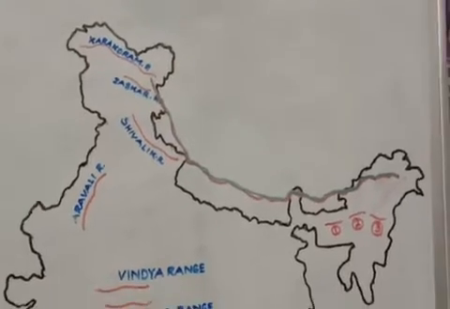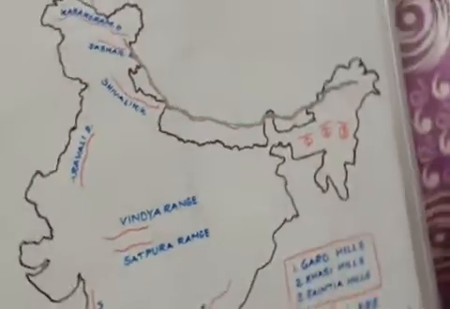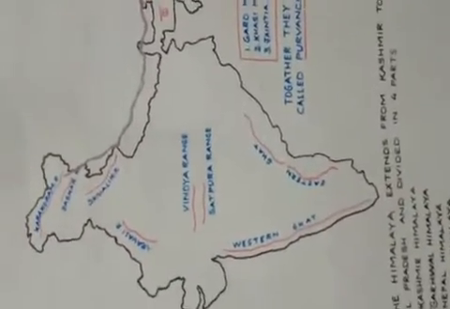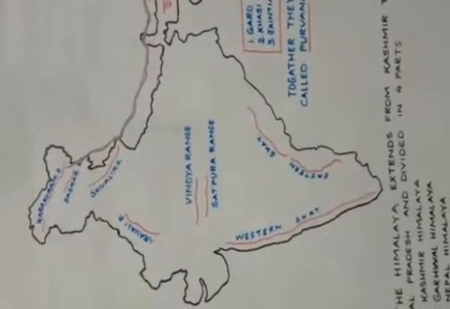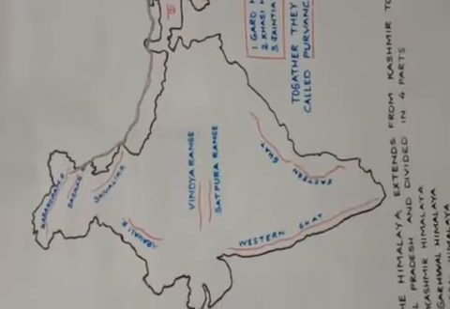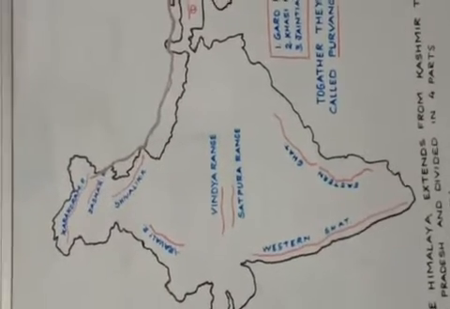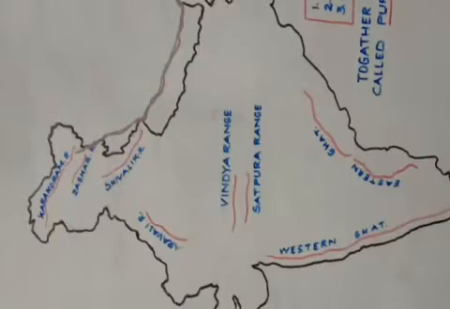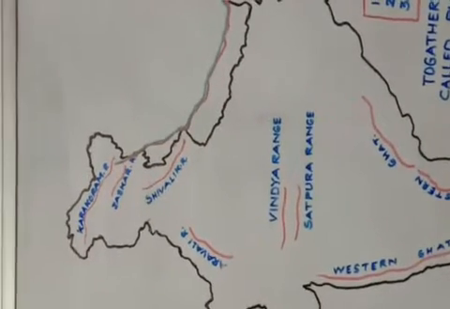Students, look at the map of India. In this map I have tried to show you the major mountain ranges of India. In the Jammu Kashmir part, you have the Karakoram range.